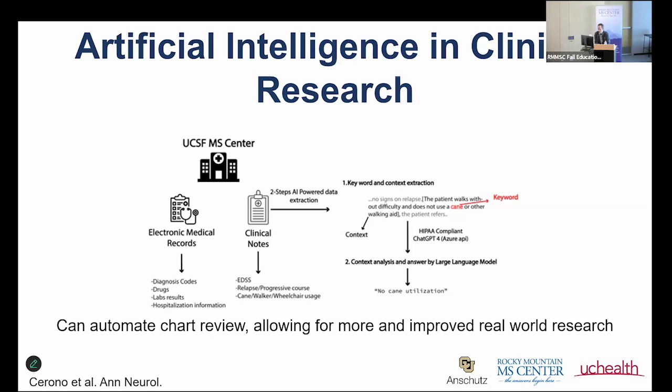So just to provide some background, a lot of studies looking at how drugs work in the real world require a lot of manual labor that is not really any different than what we were doing like 40 years ago. It just is on a computer instead of on paper.